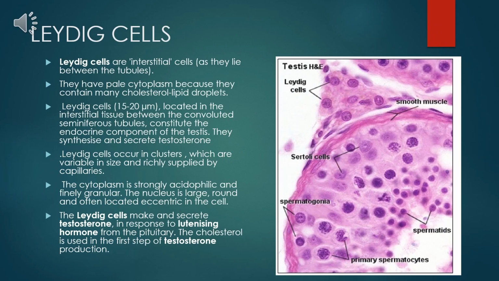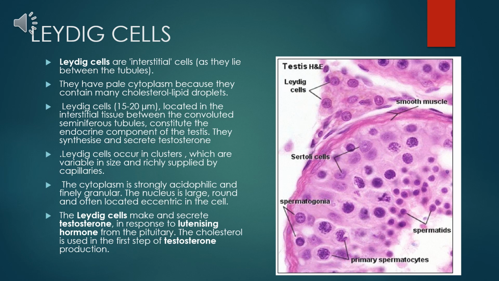The next group of cells, that is the Leydig cells or interstitial cells. They are seen between the tubules in the connective tissue. They have pale cytoplasm. It contains many cholesterol lipid droplets. They are endocrine component and they synthesize and secrete testosterone. They occur in clusters.